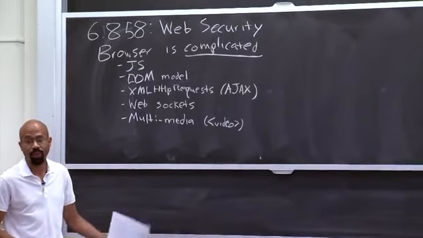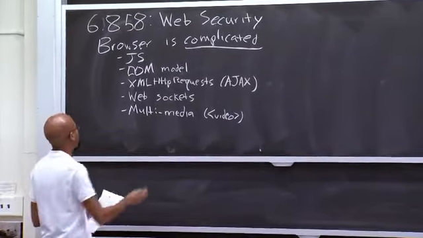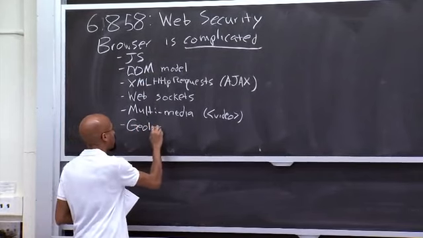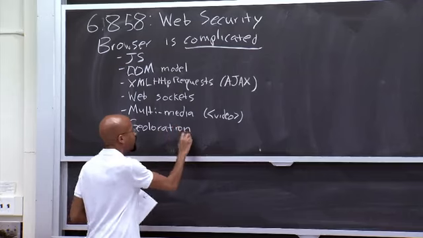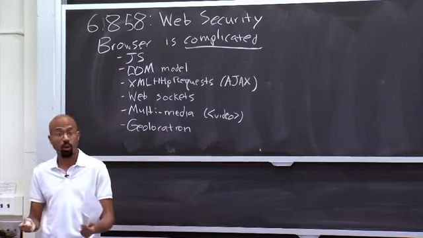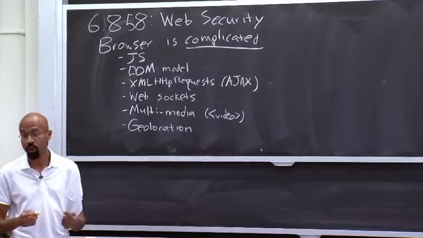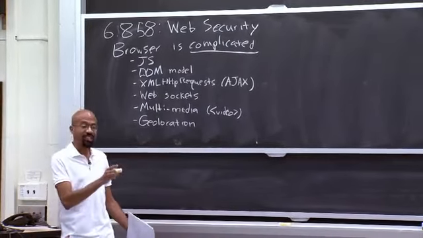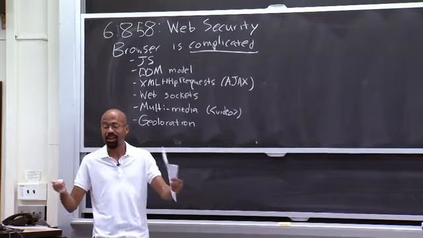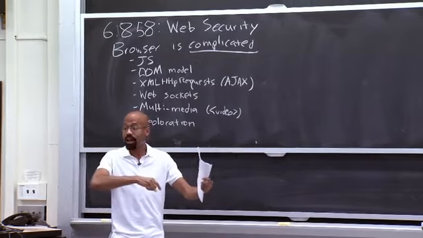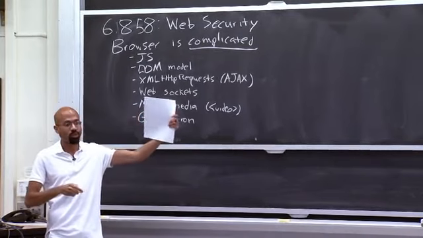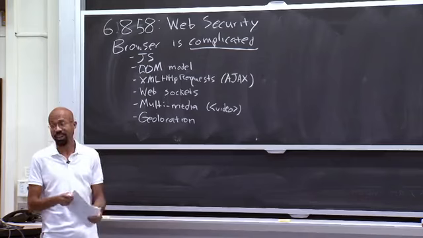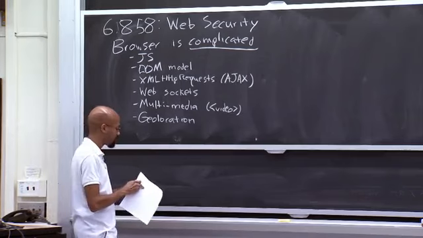There's also geolocation, so now a web page can determine physically where you are. If you're running a web page on a smartphone, the browser can access your GPS unit. If you're accessing a page on a desktop browser, it can look at your Wi-Fi connection and connect to Google's Wi-Fi geolocation service to figure out exactly where you are. That's kind of insane, but now web pages can do that kind of stuff.